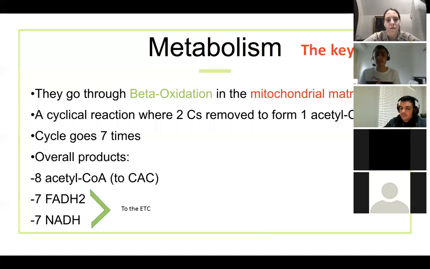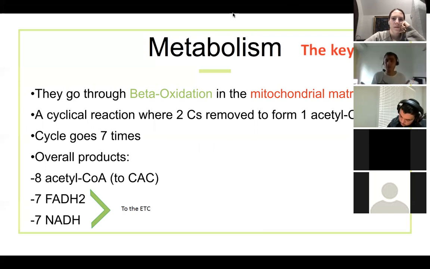Metabolism, the key slide of this section for today. Fatty acids go through a process called beta oxidation in the mitochondrial matrix. This process is a cycle, and you go through that cycle 7 times. Each time you go through the cycle, 2 carbons are taken off to form acetyl-CoA.